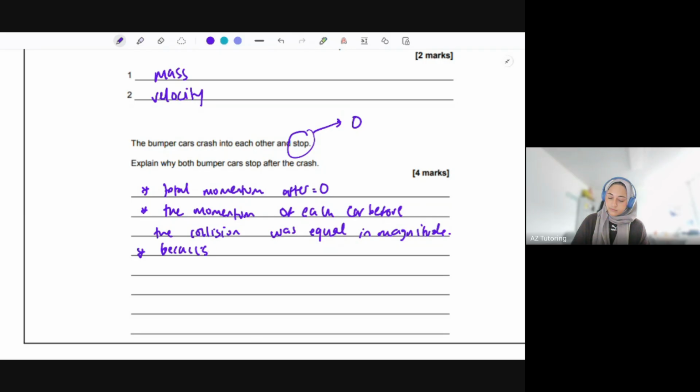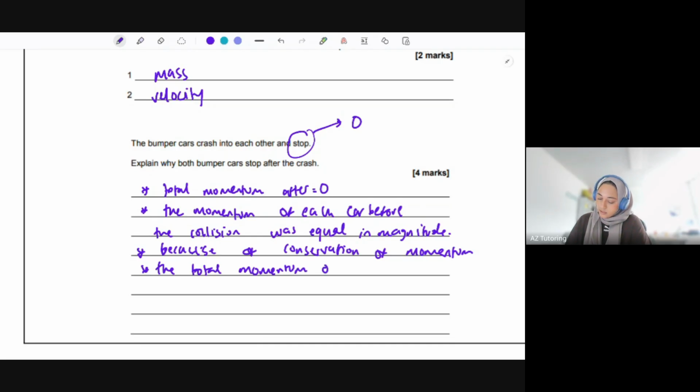Because of conservation of momentum, you would say the total momentum of the cars was zero before the collision.